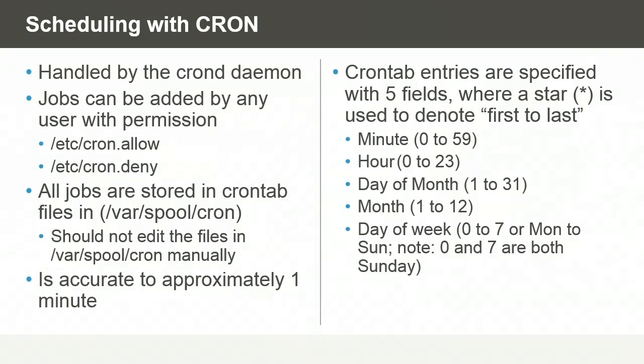Take note that both 0 and 7 reflect the day of the week, Sunday. We could also use an asterisk in any of these 5 placeholders to mean, for example, every minute if it's in the minute placeholder section. Or we might use */10 in the minute placeholder, which means every 10 minutes.